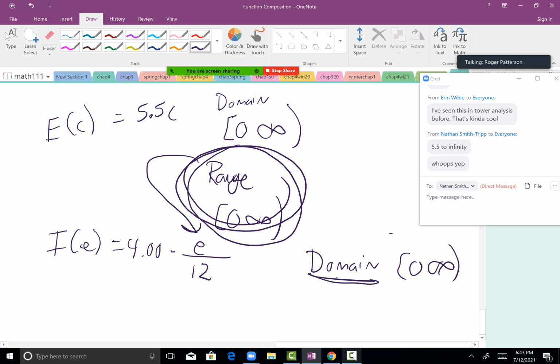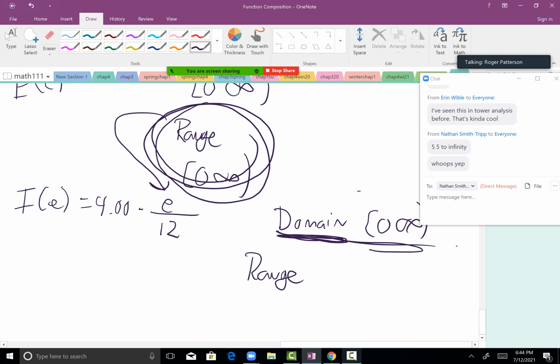So now that domain gives me a new range, which is based upon this. And this was times. So what would that range look like?